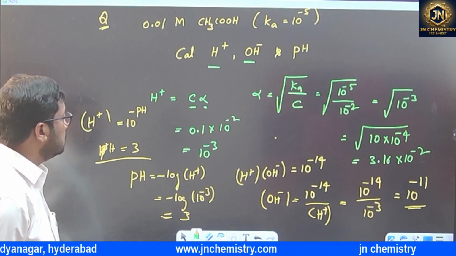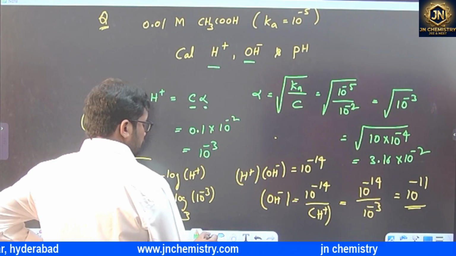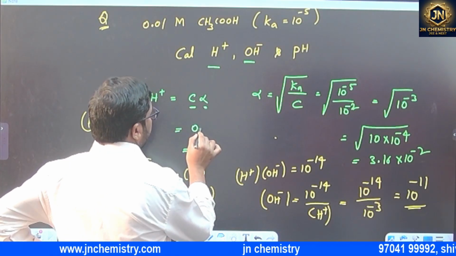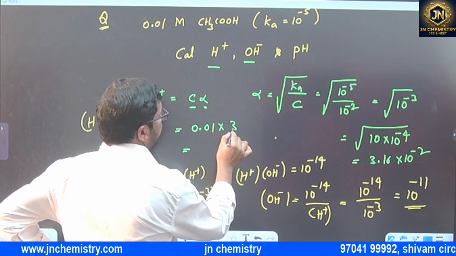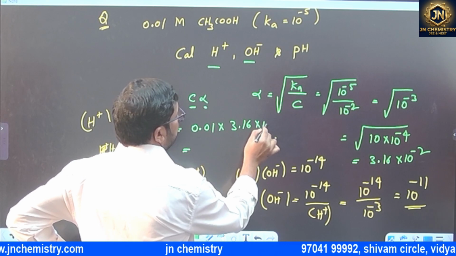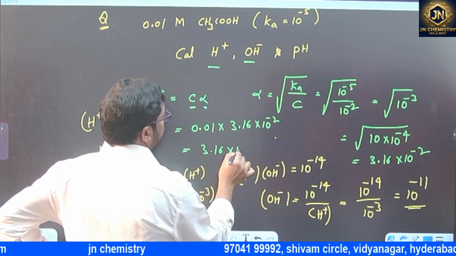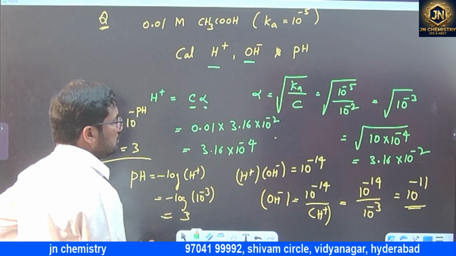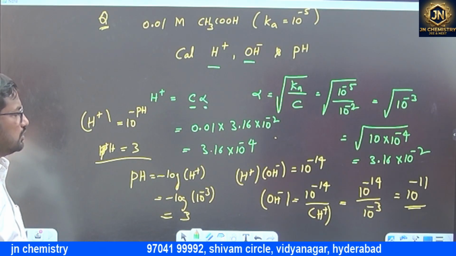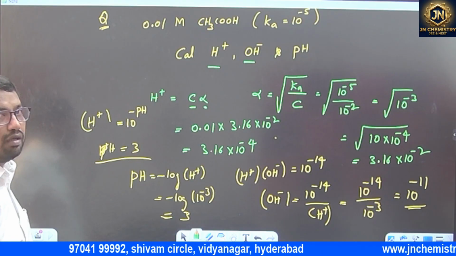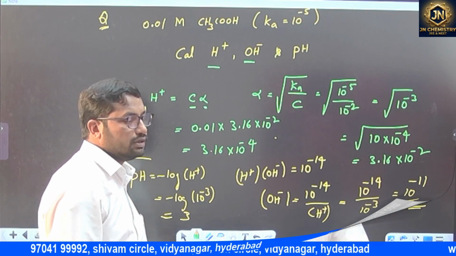So H plus ion concentration is 0.01 into 3.16 into 10 to the power of -2, nothing but 3.16 into 10 to the power of -4. So once we know the H plus ion concentration, we can calculate the pH and OH minus ion concentrations.